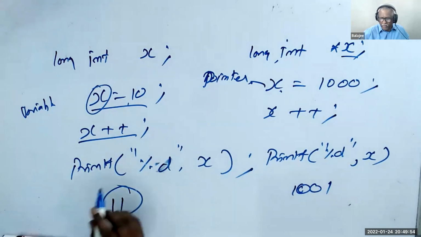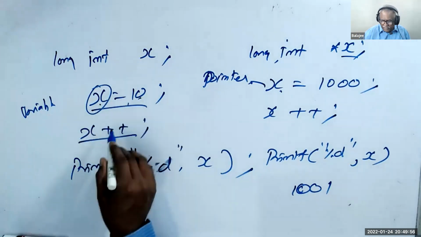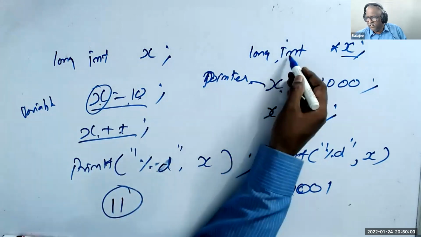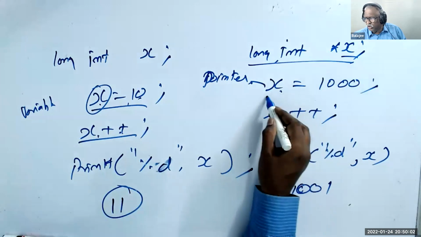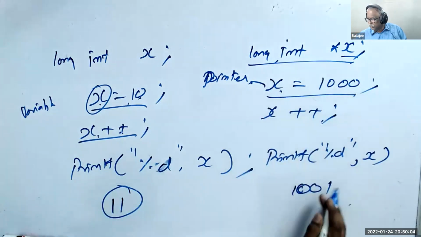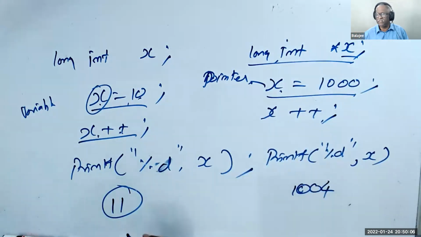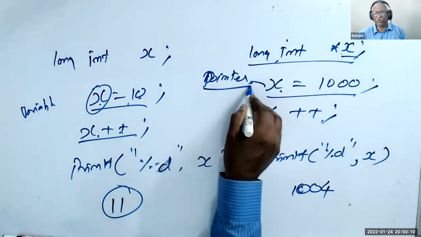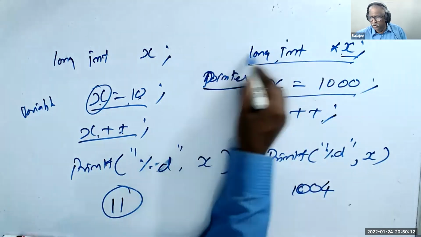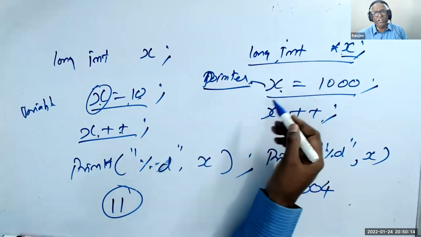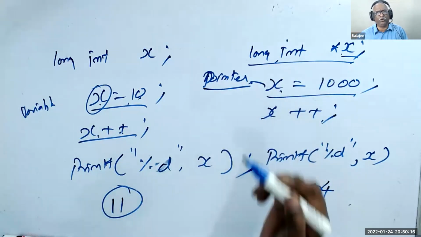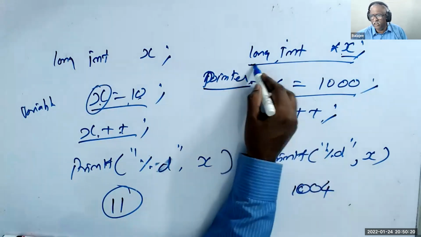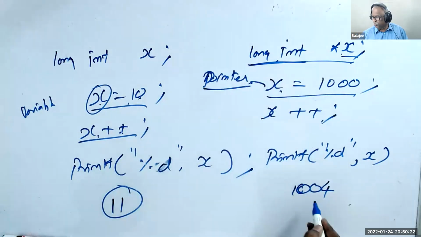Think. x is equal to 10, x plus plus, it shows 11. But here, long int, x is equal to 1000, x plus plus, you get 1004. Because x is a pointer, one pointer shows 1000. If you increment the pointer, it will point to the next location, next variable. That's because it's integer. It occupies 4 bytes, becomes 1004.